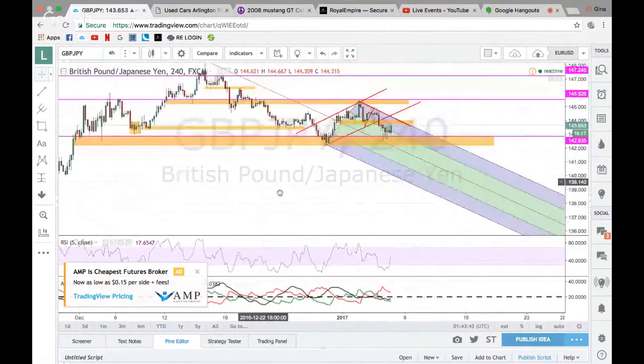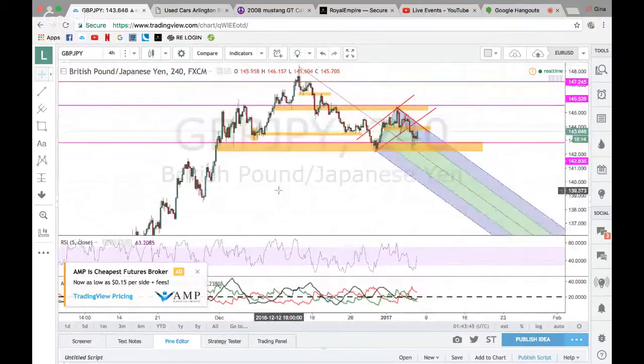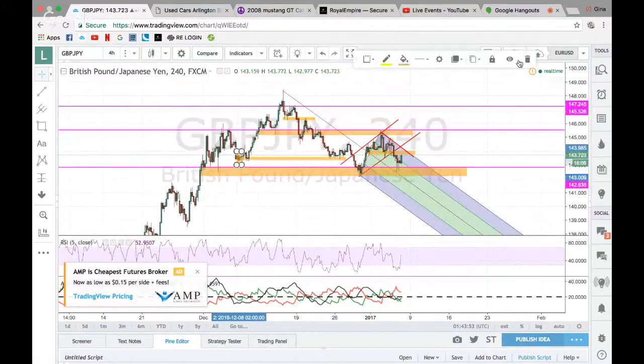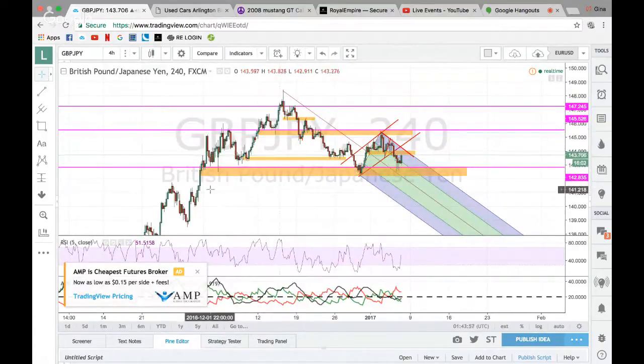One of the reasons is it broke market structure. As you can see, we had a low and then we had a high. What we want to see is a higher low and a higher high. We did get a higher low from this to this, but it did not break this last high.